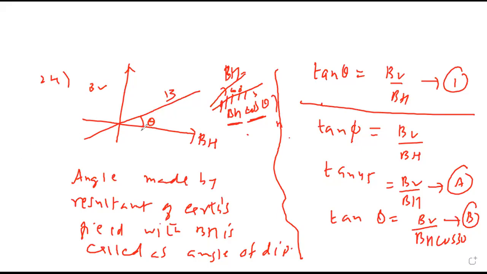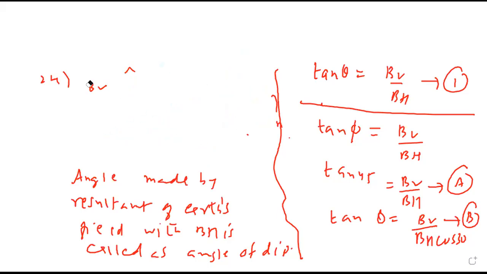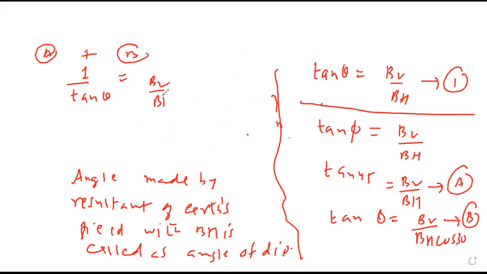So remember, if the needle doesn't suspend in the magnetic meridian, then you have to take BH as BH cos theta. And then take tan of angle of dip as BV upon BH cos theta. So if I divide equation 1 by 2, 1 upon tan theta, dividing A by B, BV upon BH into BH cos 30 upon BV.